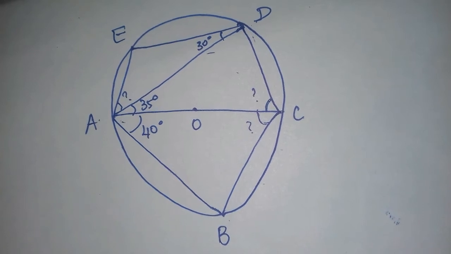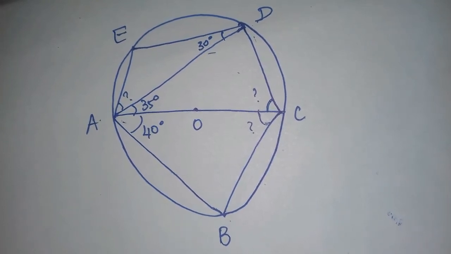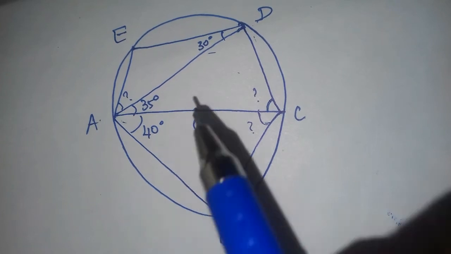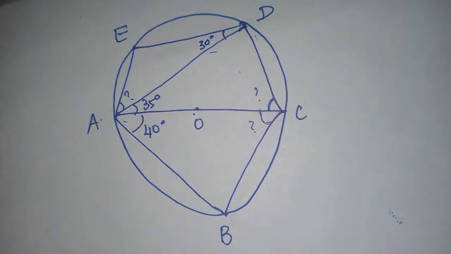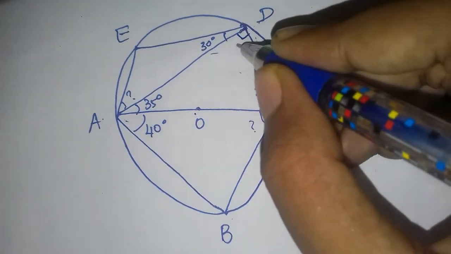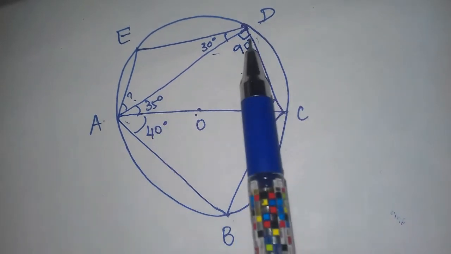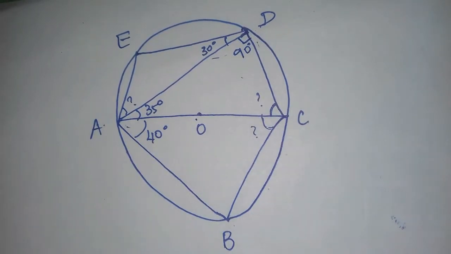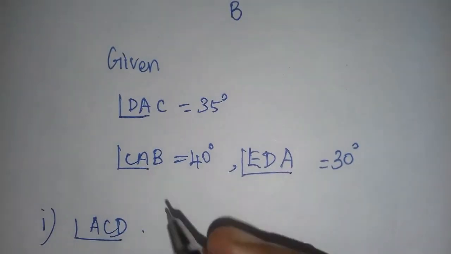So if in a triangle one of the sides is the diameter of the circle, then one angle will be equal to 90 degree. Opposite to the diameter, that angle will be equal to 90 degree. So this angle is 90 degree. Okay. So now in this triangle we know two angles. So we can find the other angle easily. Okay. Shall we find that?